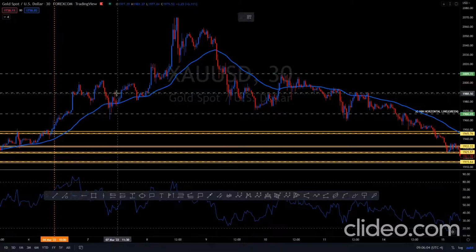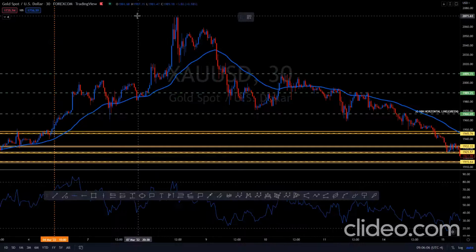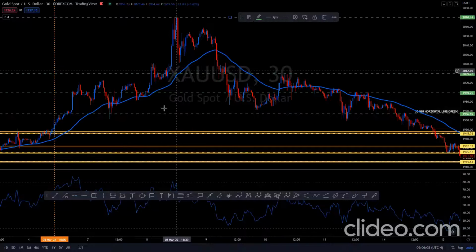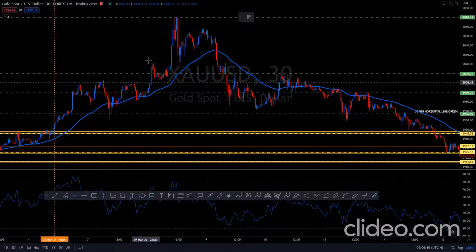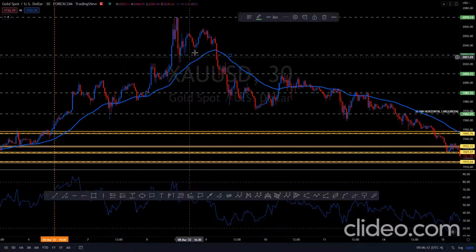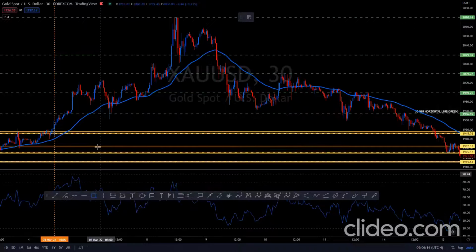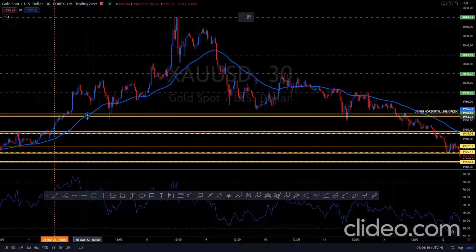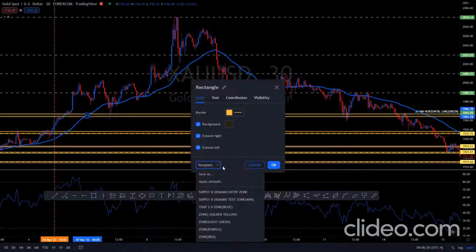And then up here was a good zone, as well as down here. Change this to green.